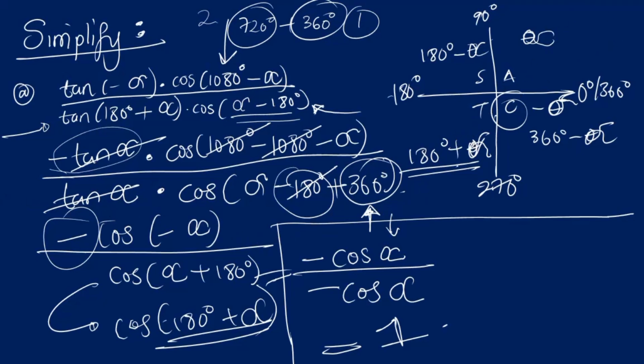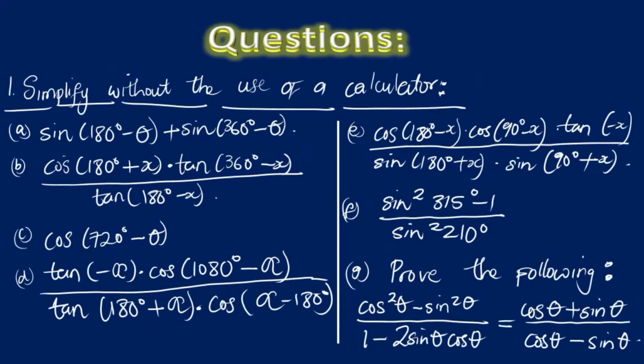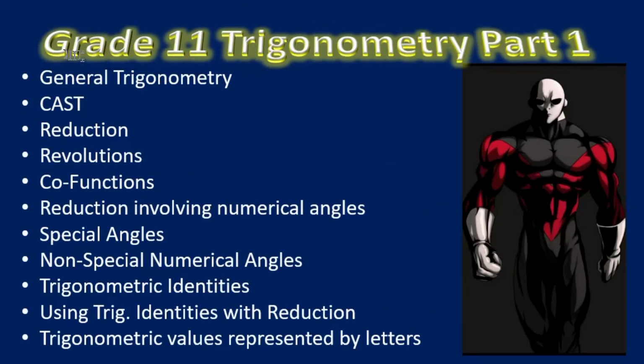So after all this, let me see how much I am left with. How much have I done? Right, so we did the general that we've been doing: CAST, reduction, revolution, and we have to do the others. See how beautiful that is? Math is beautiful, guys. So let's get to the others.